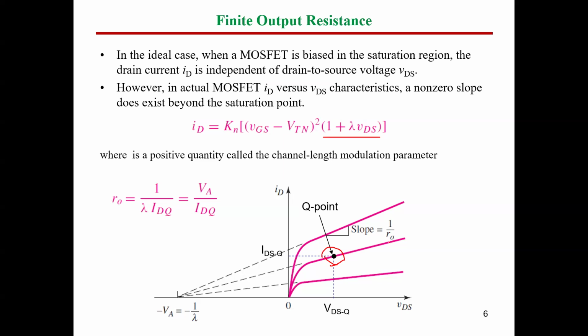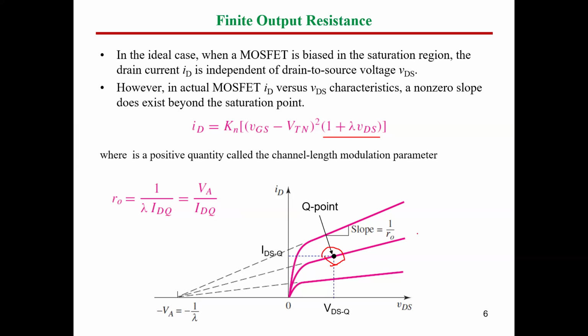However, when we discuss the AC analysis and the operation of the MOSFET in amplifier mode, you will understand exactly why we call it R out. Because this is going to be the output resistance seen from the amplifier circuit. Later on, you will understand exactly why we call it R out.